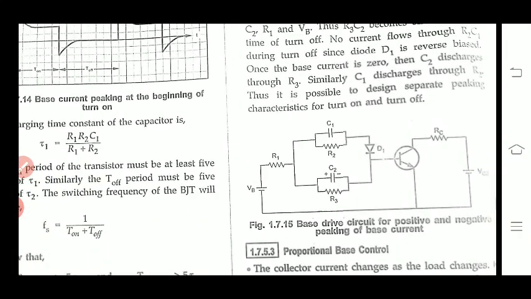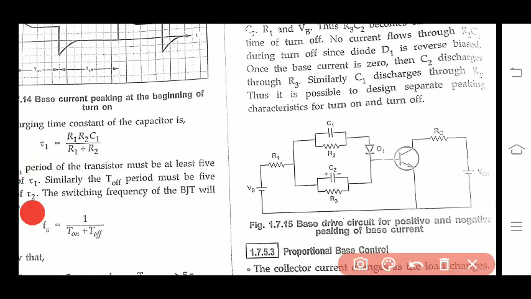In the previous circuit setup we have seen how we can decrease the delay time during turn on, but we have not done any arrangement to decrease the storage time. What arrangement have we done? We have not done anything. So because of this, we have to make this arrangement.